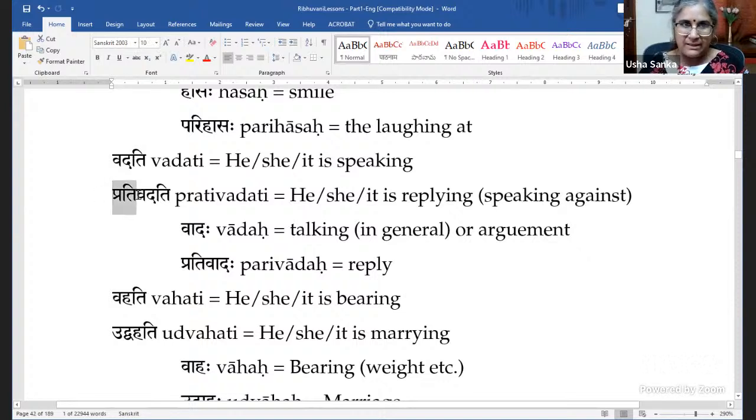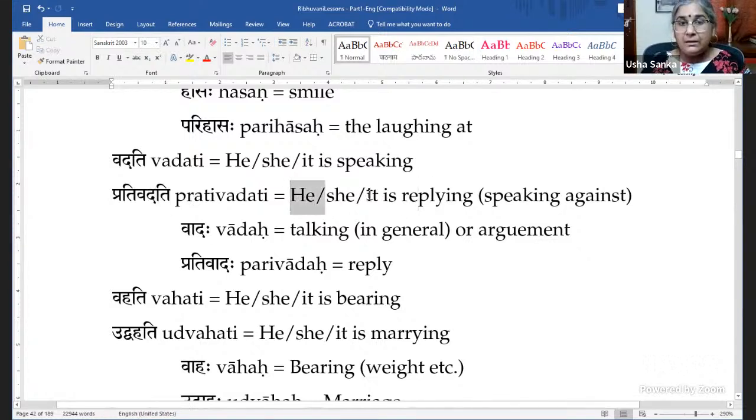So prativadati means he is replying or speaking against, depending upon the context. So there is more than one meaning for these. This is the second point. First point, we are going to have all the 9 forms for each of the z plus x plus a plus y format, for all these upasarga added dhatus.